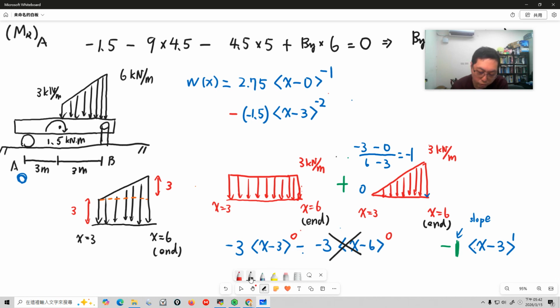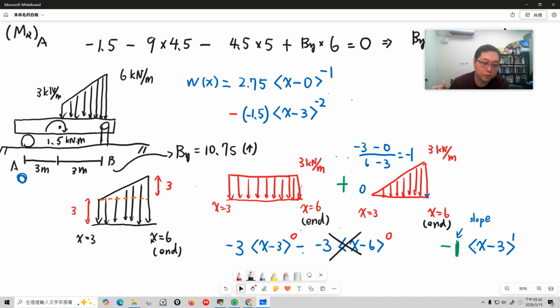By is 10.75, and the direction is up. For the same reason, because position B is the end of the system, you can ignore everything at the end. So we don't consider the concentrated loading at position B because it's at the end.